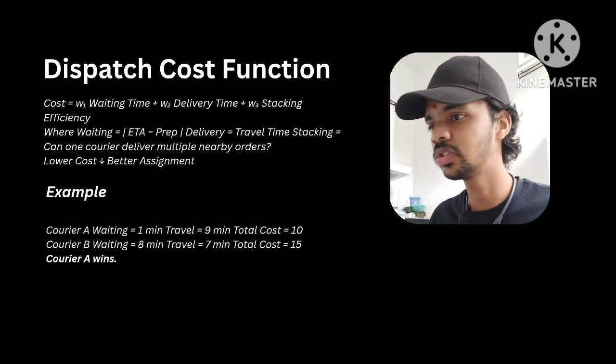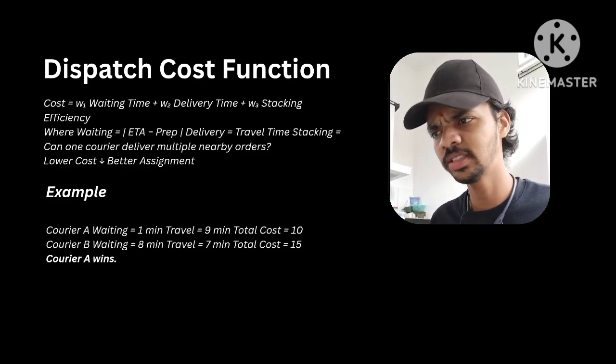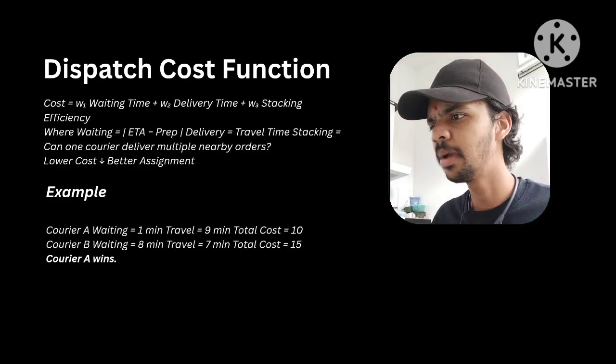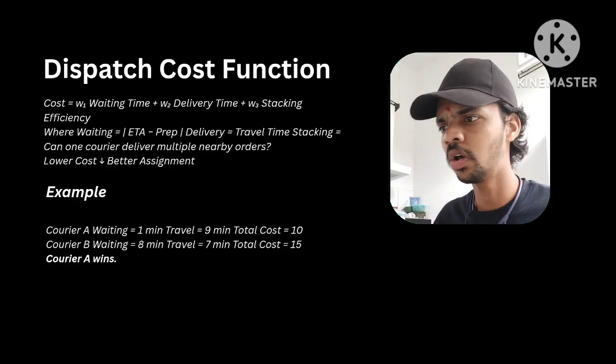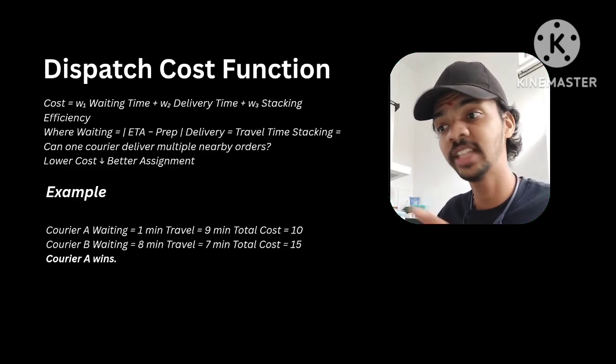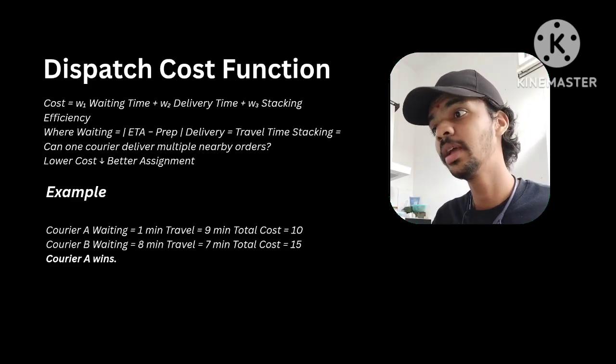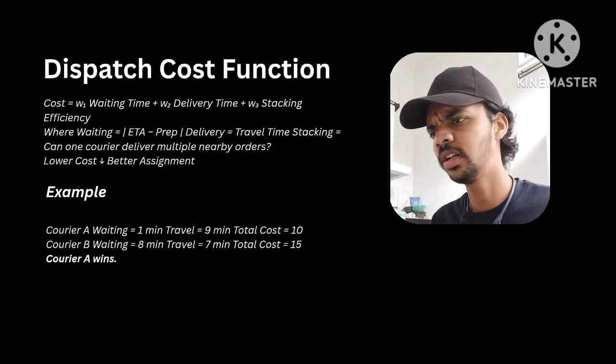The cost function also considers order stacking, which is called batching. Can courier A pick up two orders from the same restaurant or two adjacent restaurants going in the same direction? That is also checked by the Uber Eats cost function, which is called order stacking.